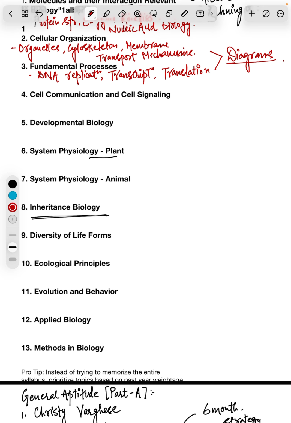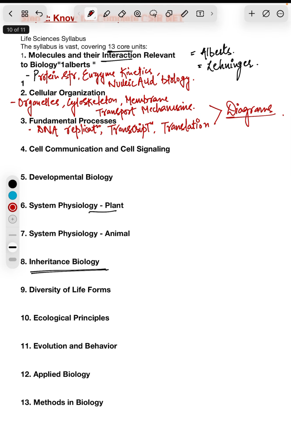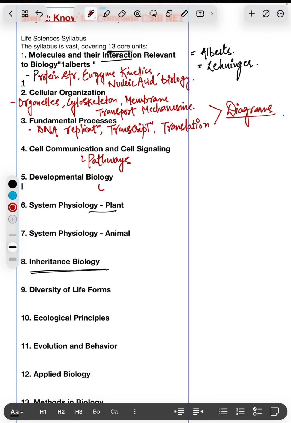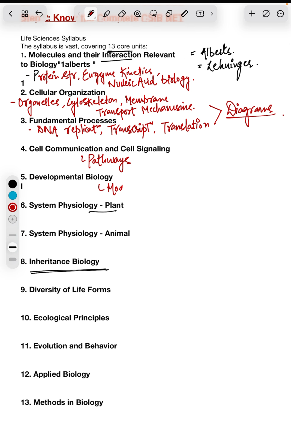So as till now I have told you, for dev bio and every topic I have suggested here, common pathways you need to remember, as I have told. Here you need to go for the model organisms like Drosophila and C. elegans.